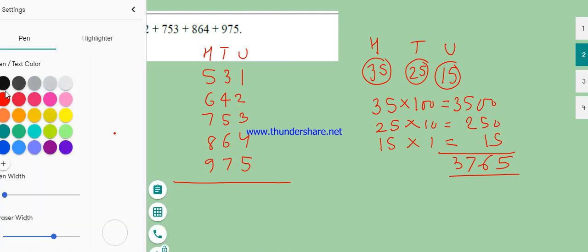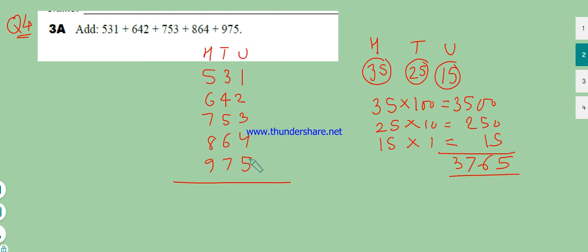Another method for the same question I would like to explain to you here also. First let me add it by that method, then I will explain. 5, 4, 9, 3, 12. Subtract 10, you get 2. 2, 2 and 1, 5. Write here 5.